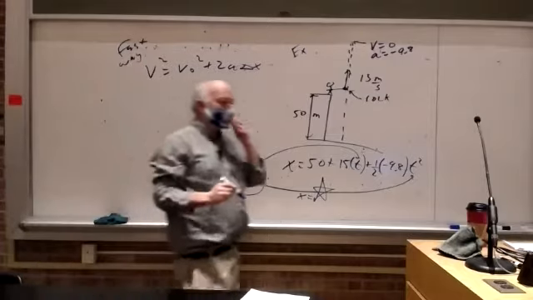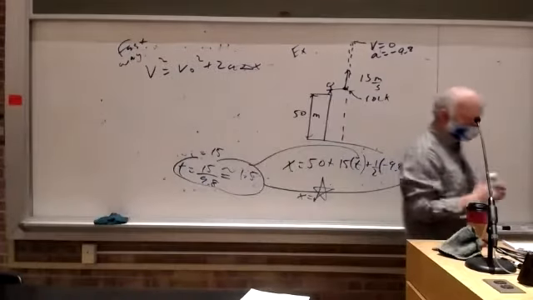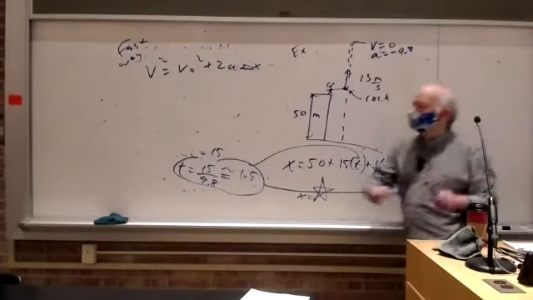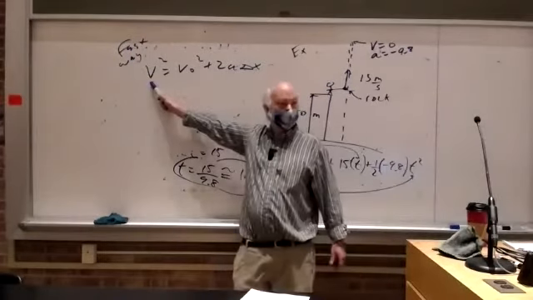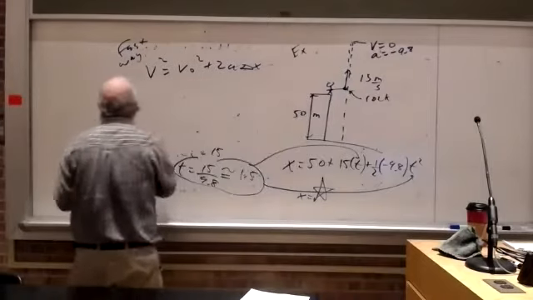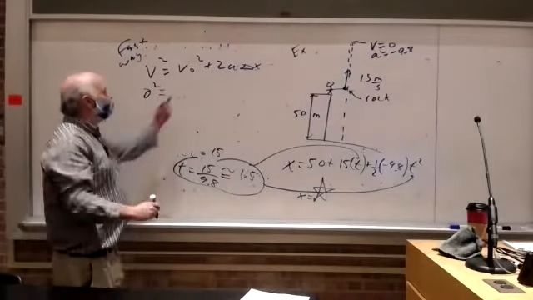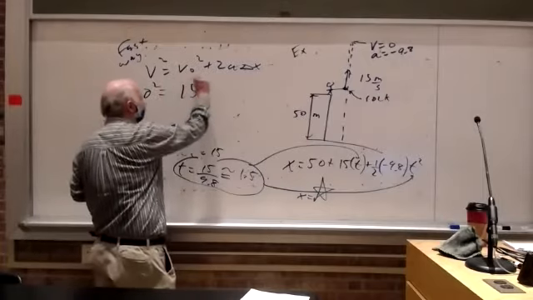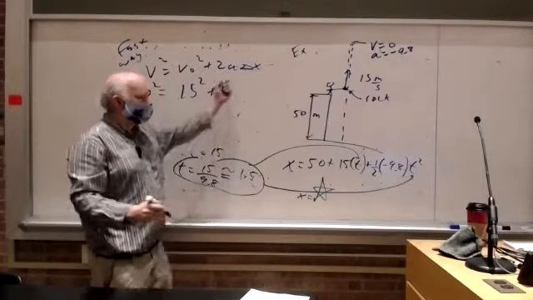What is V squared? This, 0. What is V naught squared? 15 squared plus 2. What is my friend A?